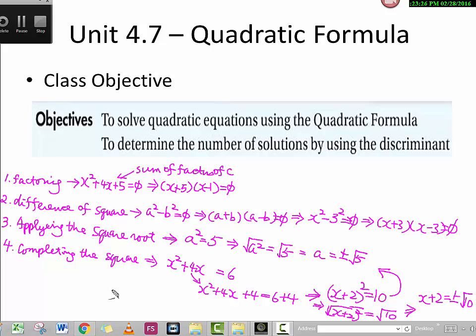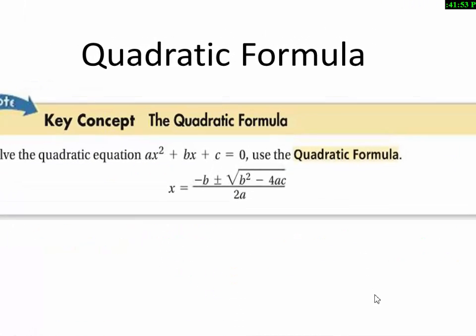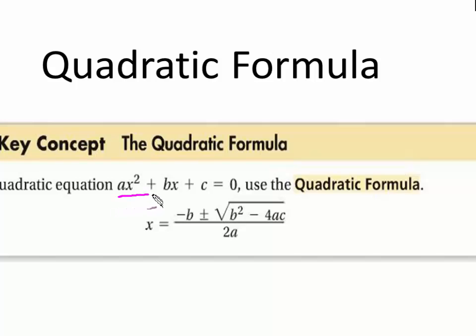In this unit, we're going to learn another strategy of using the quadratic formula to solve quadratic equations. Here's the quadratic formula. Based on the standard form of the quadratic equation, we just plug in all the values of the variables inside the quadratic formula so we can solve for x.